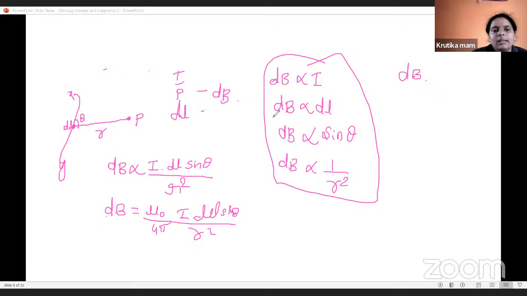Okay. So this is the Biot-Savart law statement as well as the mathematical expression. So please copy down this.